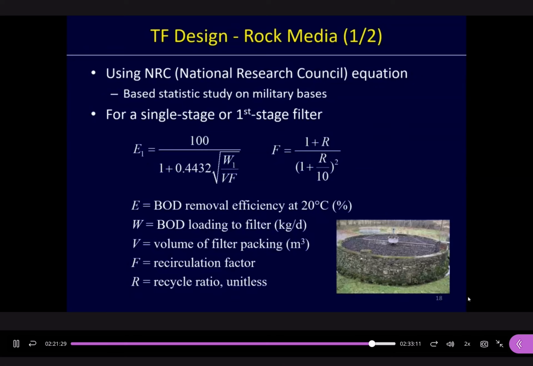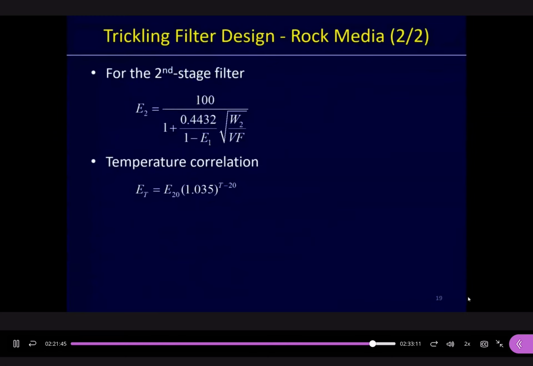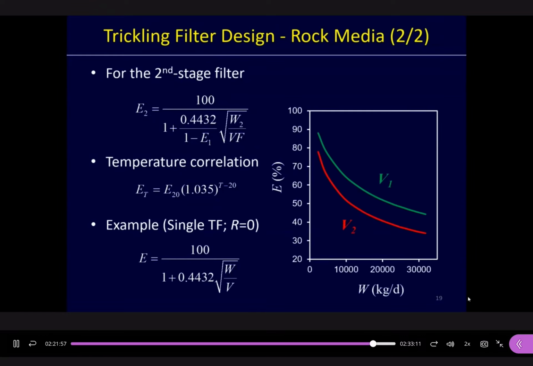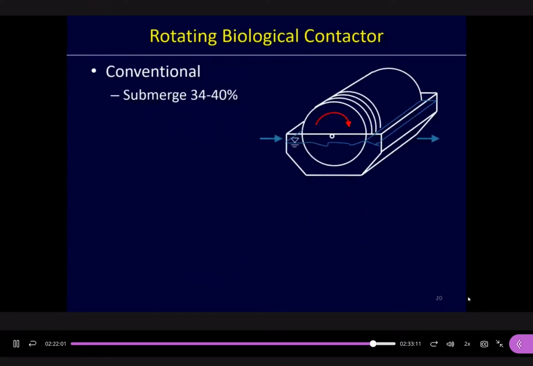So we do not have a lot of things to explain here because they are empirical. This is obtained by fitting the experimental data. If it's two-stage, you just plug in the first stage data, like removal efficiency from the first stage, etc. We don't have to spend a lot of time because all these equations are empirical. That is trickling filter.